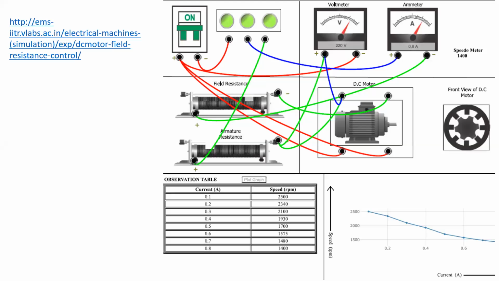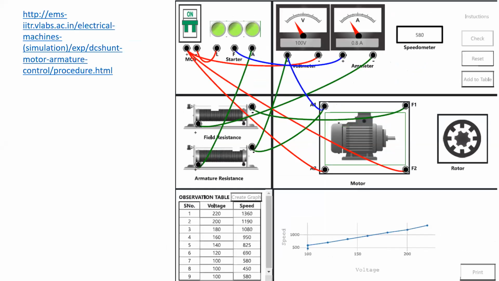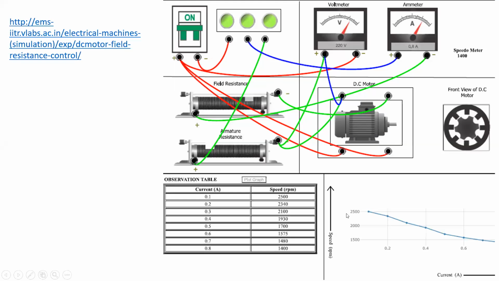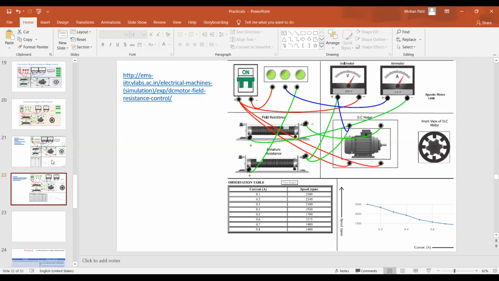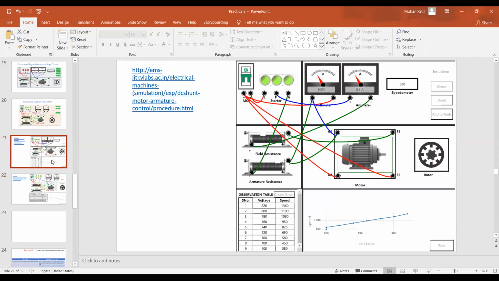So this is for field current weakening method, readings, graph, and this. Okay. And this is for the other one, that is armature voltage.